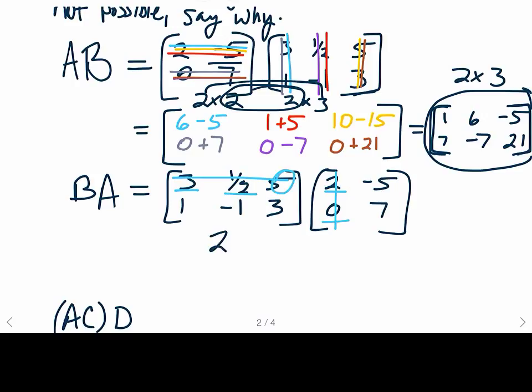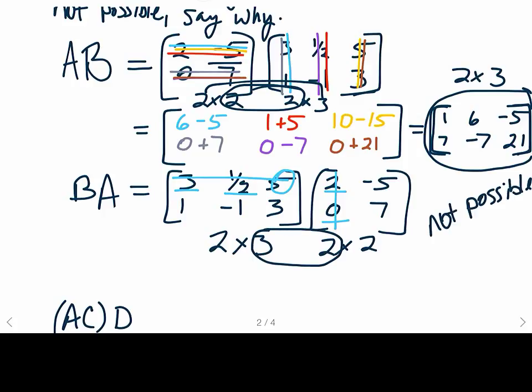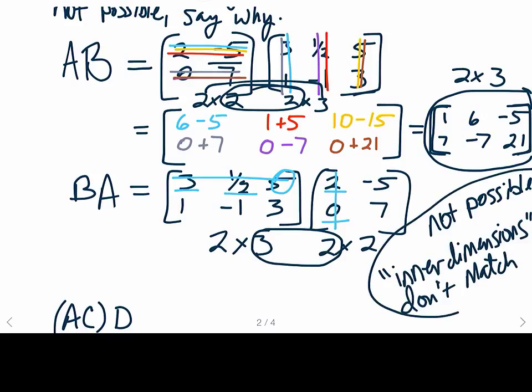Check it out. B is a 2 by 3 matrix. A is a 2 by 2 matrix. The inner dimensions, the 3 and the 2, they don't match. This is not possible because what I'm calling the inner dimensions don't match. And that answer is good enough for me. You're demonstrating to me that you know what's required.